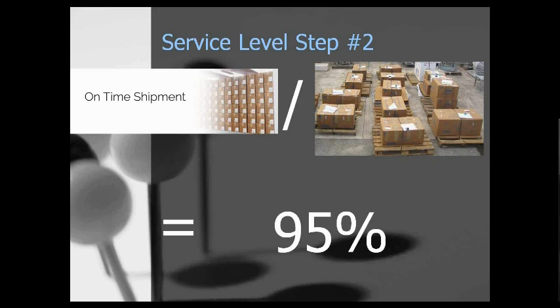Think back to those types of customer service levels that management gave you, all items shipped on time, 30 days without missing a shipment. You would use an approach similar to this to calculate the service level that you needed to achieve.